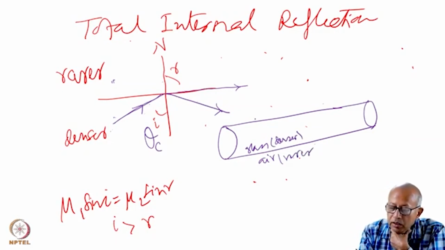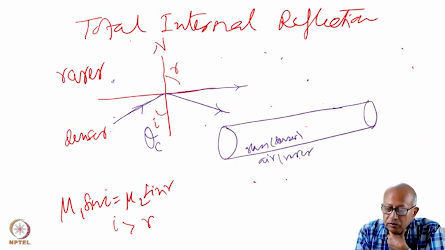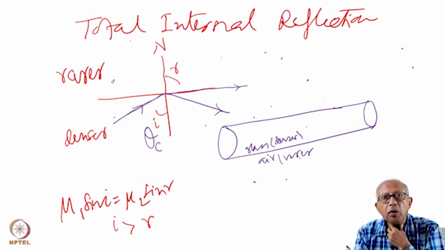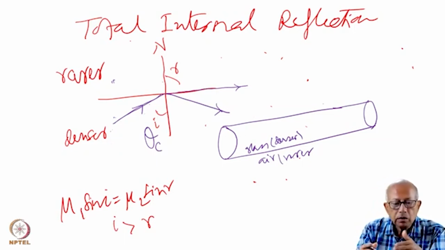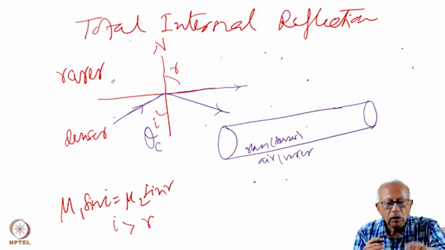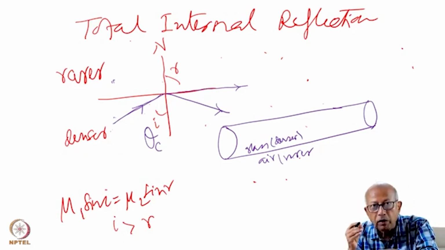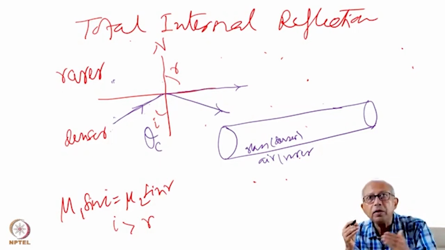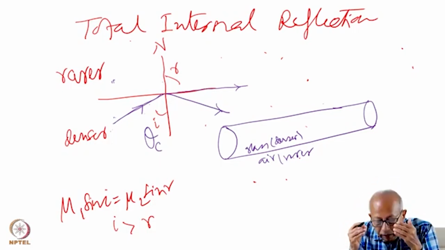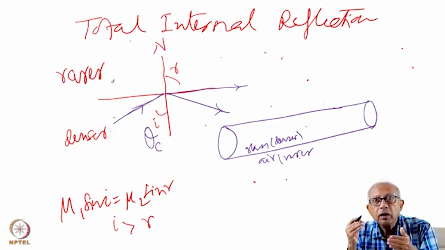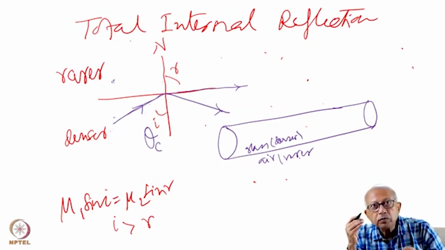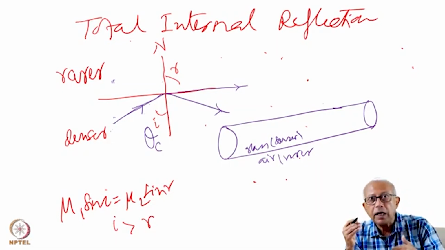So at this interface, if light falls, then after refraction, the angle of refraction will become more. So it qualifies this. Total internal reflection can occur on this glass to air interface if light is falling on the interface from the side of glass.